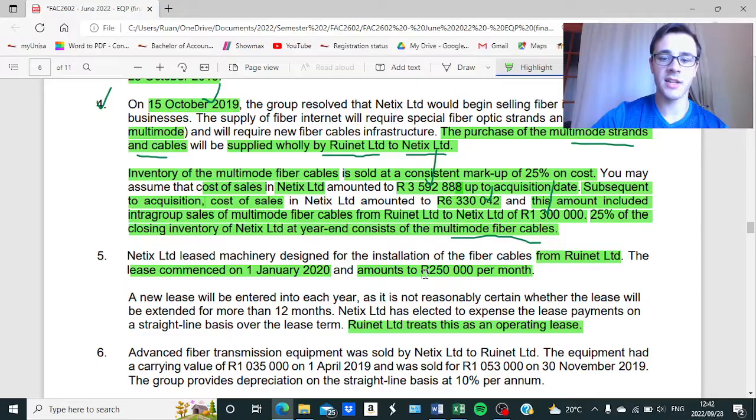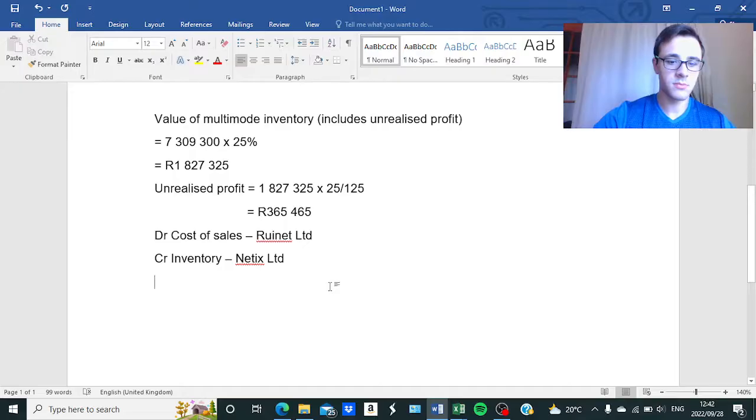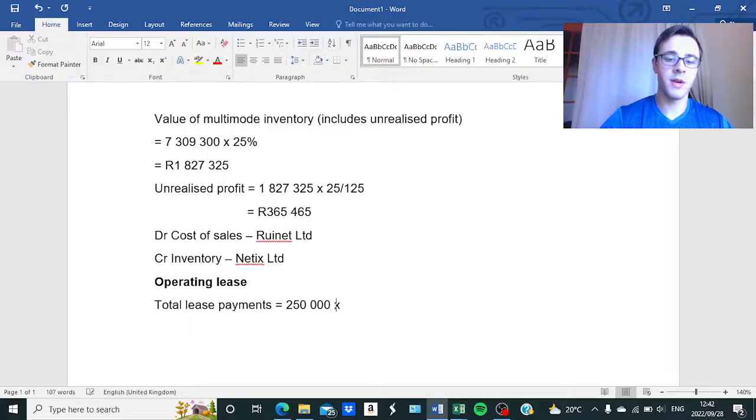Okay, so if we calculate the total lease payments for the year, it will only be for 3 months, because it will only be for January, February, and March 2020. So the total lease payments, operating lease, will be 250,000 because that is the amount per month, and we will multiply it by 3 as I've just indicated, and that will give you an amount of 750.